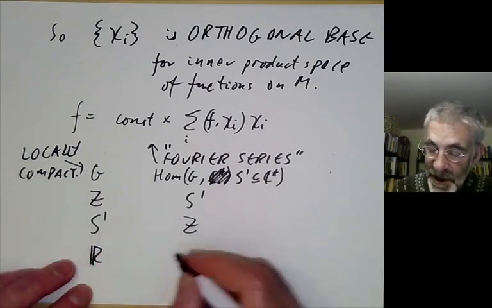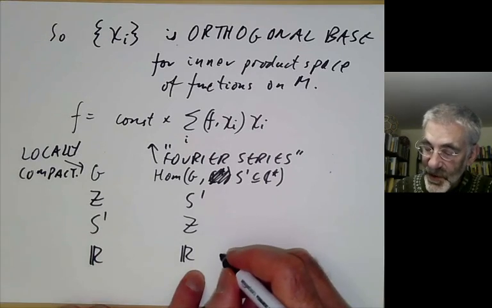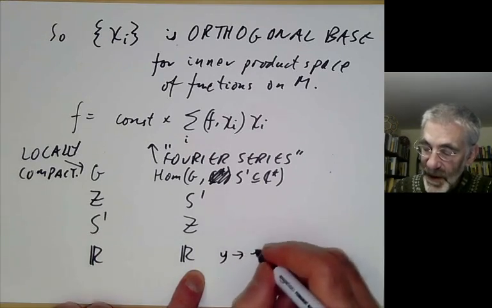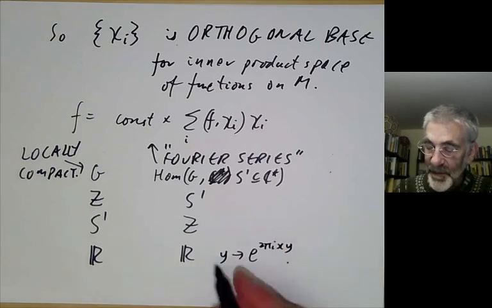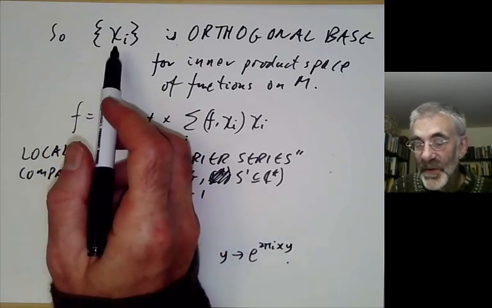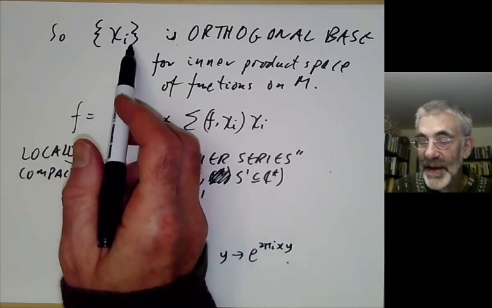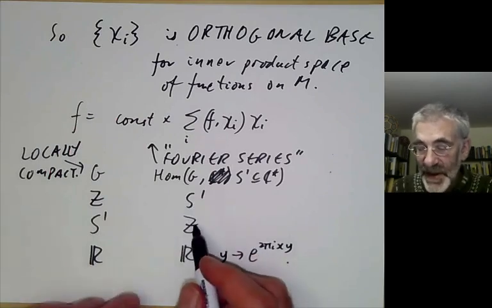We could even take G to be the reals, and then its dual is also given by the reals. The dual is sort of given by mapping y to e to the 2 pi i xy, or something like that. And now we can do this trick of writing down the characters as an orthogonal basis, at least if the characters are a discrete set.